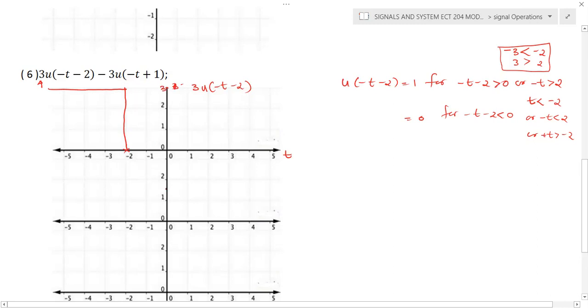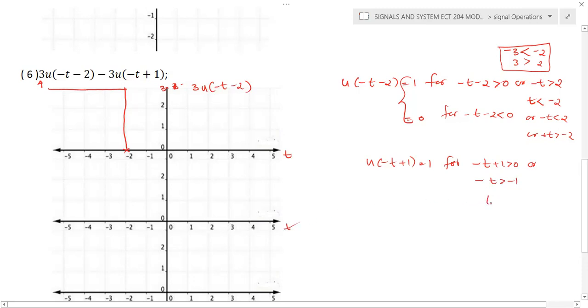Now we'll try the next question, that is u of minus t plus 1, which is equal to 1 for minus t plus 1 greater than 0, or if you rearrange, you can write minus t greater than minus 1. We need a positive t.